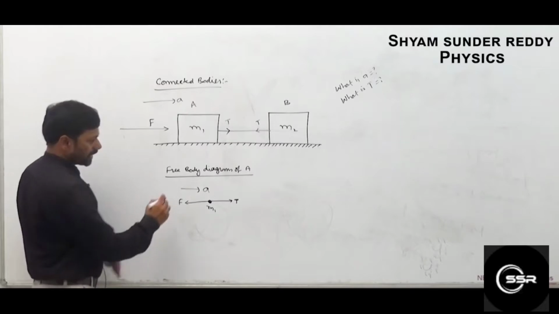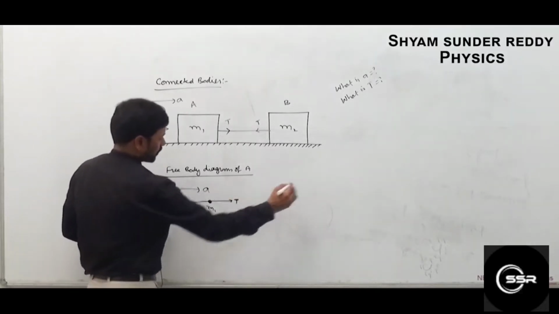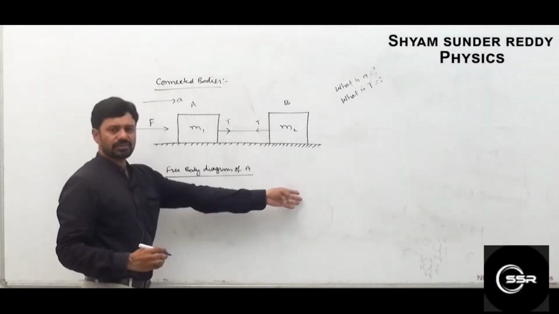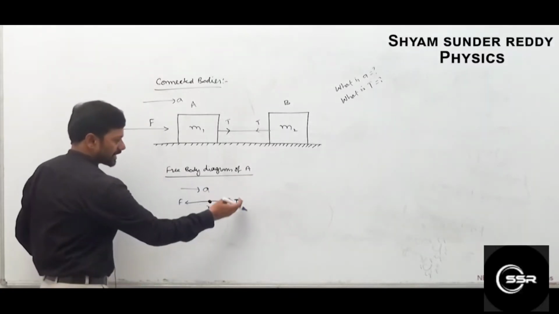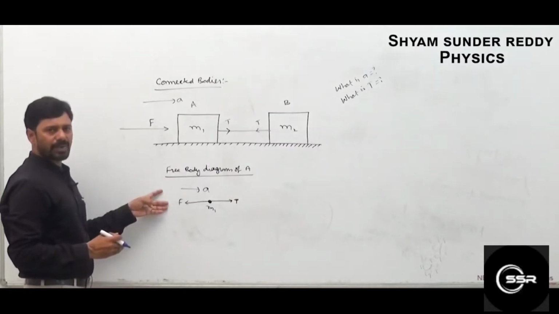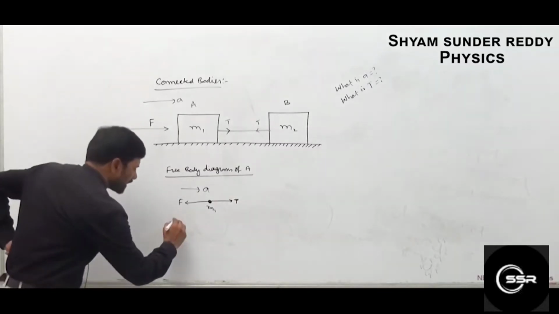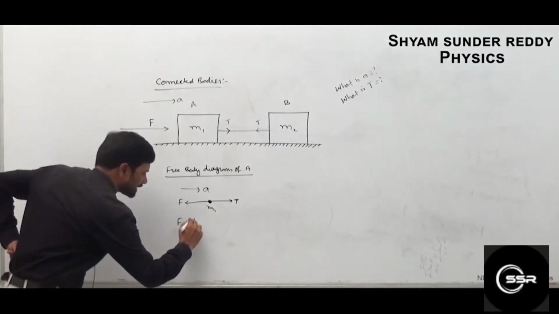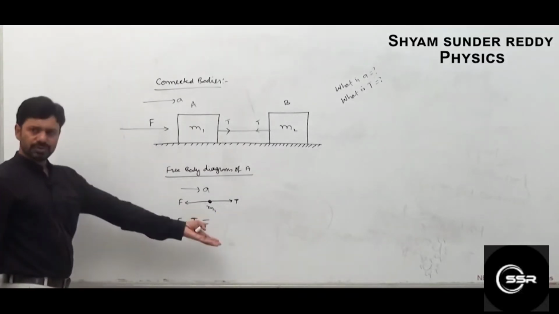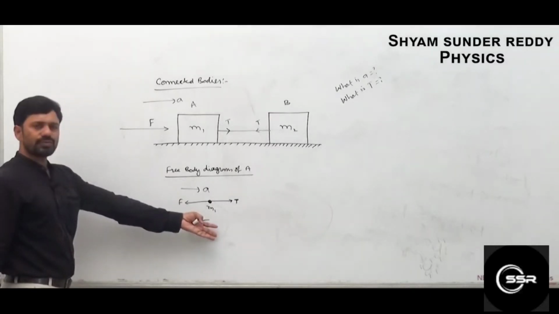Look at this. It is moving in this forward direction. When we apply the force, the body is moving forward. That's why the tensional force is less compared to the applied force. That's why F minus T is equal to the net force.